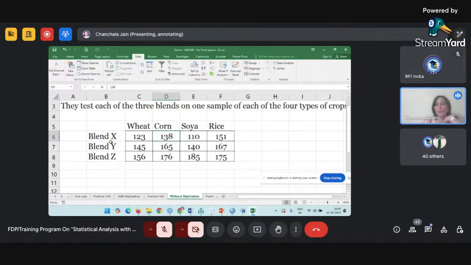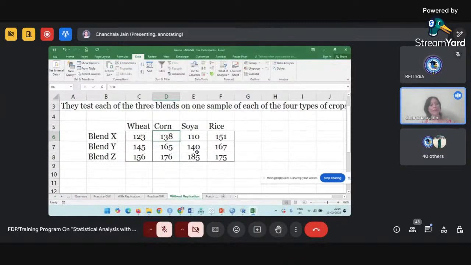And when you are changing from blend X to blend Y, you can find these are the different productions or yields we are getting for the different crops. Is it clear? Yes, ma'am. Now we want to compare whether the yield of crop is changing when we are considering the type of crop, and when we are considering the type of blend we are using on a crop.